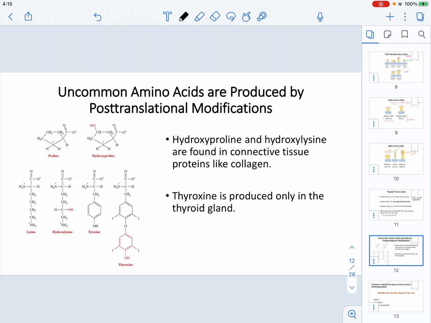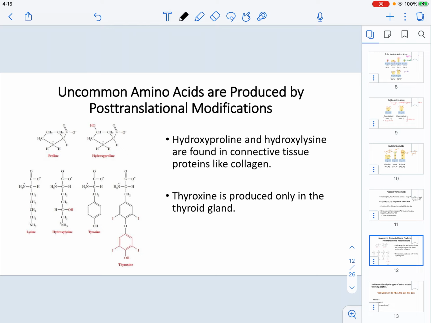And these that you can see are considered uncommon amino acids. Understand that these uncommon amino acids are produced by post-translational modifications. What this means is that after the protein has been made, modifications happen at the amino acids to give rise to these uncommon amino acids.